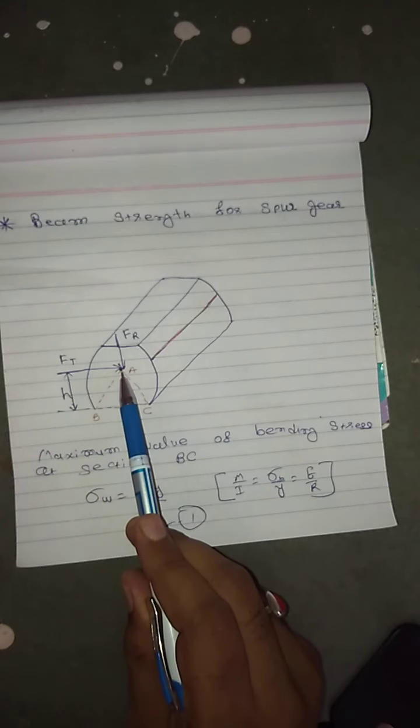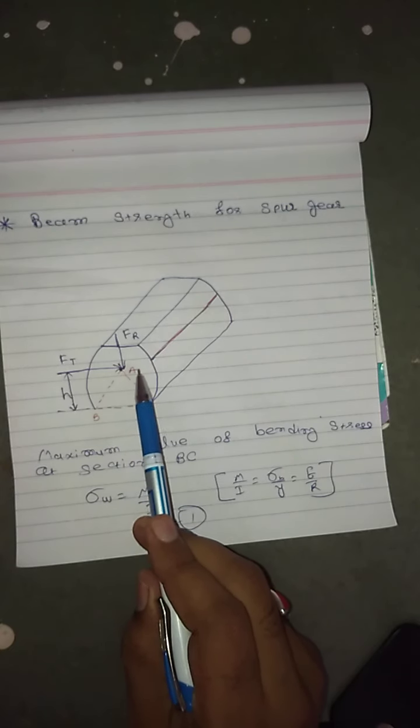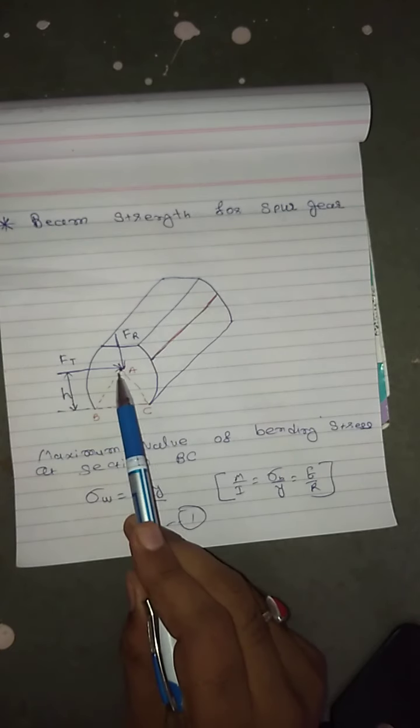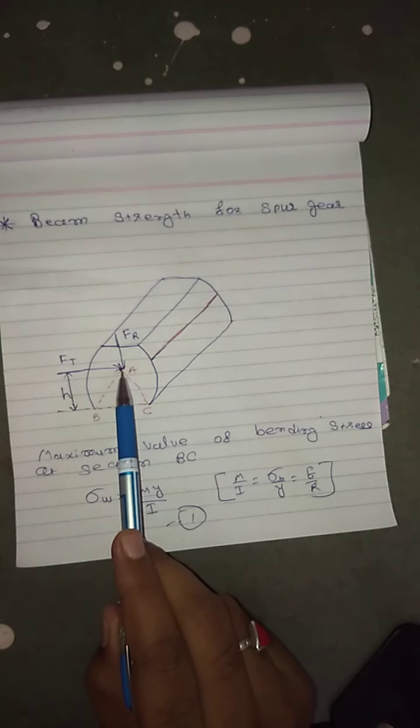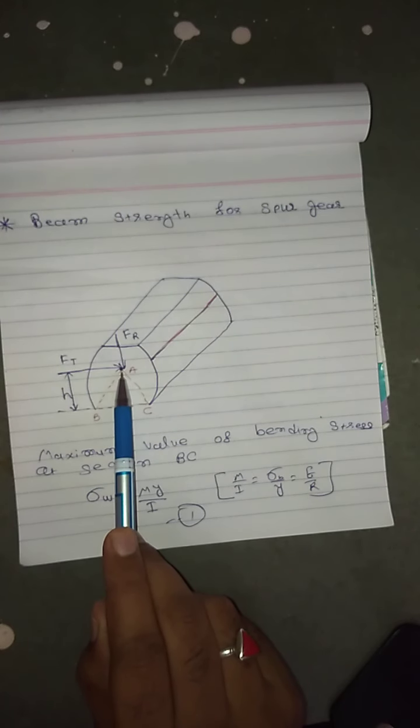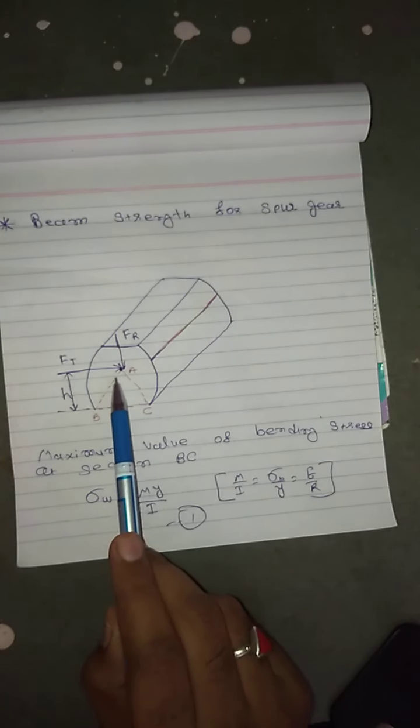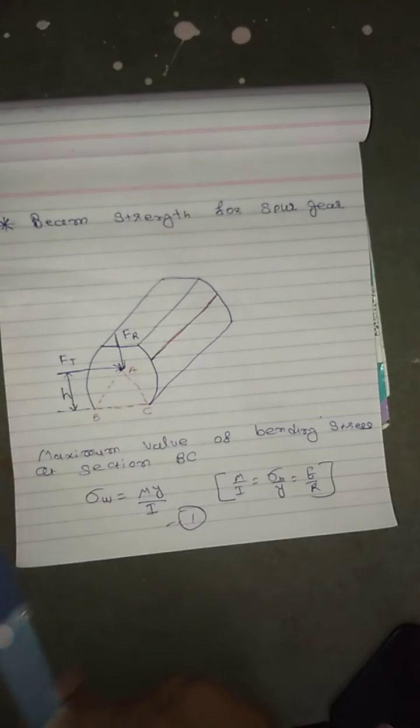Here we can replace our tooth with this triangle for simplicity. So our force Ft is acting at this point, and Fr is acting at point A, and our base is BC.